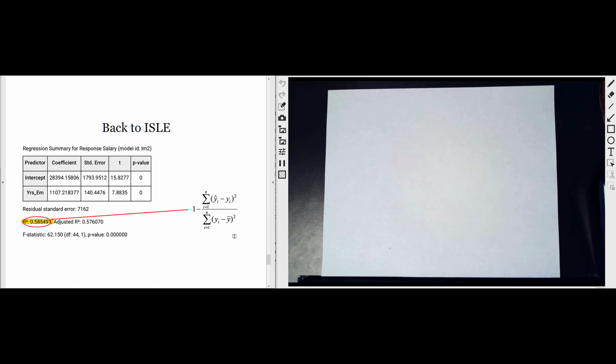The question is, is the model useful? Is the model useful in making estimates about people's salaries based on their years of experience? And I would say the answer is yes. It's useful, but it's not perfect.